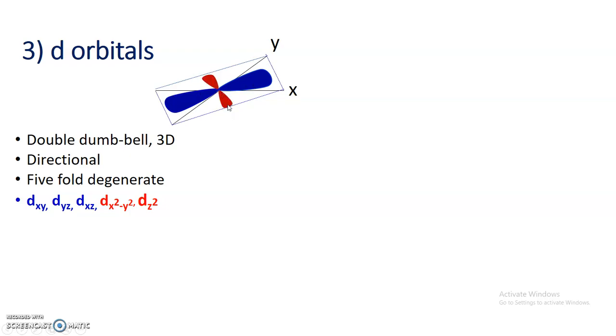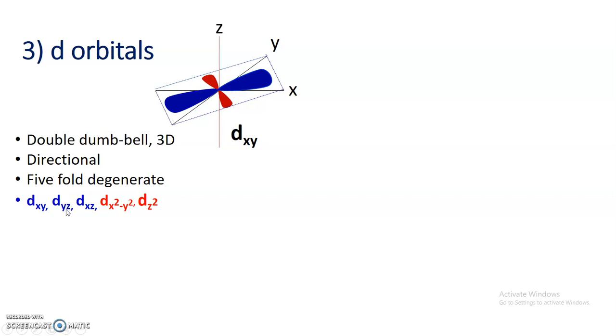Another 2 lobes have opposite sine wave function, say for example positive, positive, and they are also oriented in between the x and y axes, but all the 4 lobes are oriented along the xy plane. Here the z axis is at right angle to this plane, and this is the structure or geometry of the dxy orbital.